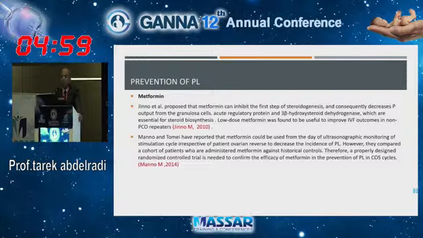Low-dose metformin was found to be useful to improve IVF outcomes in non-PCO repeaters. Mano and Tomai have reported that metformin could be used from the day of ultrasonographic monitoring of the stimulation cycle irrespective of patient ovarian reserve to decrease the incidence of premature luteinization. Therefore, a properly designed randomized controlled trial is needed to confirm the efficacy, and this was recommended by Mano 2014.